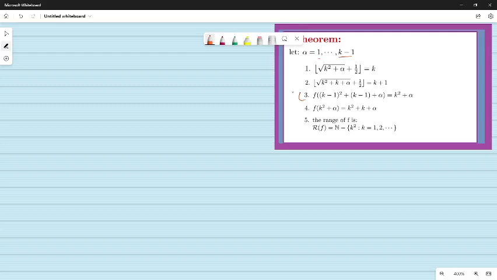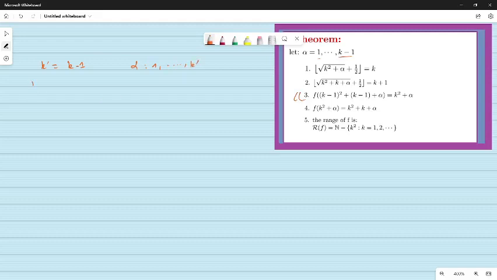For the third assertion here, just suppose k prime equals k minus 1. Then the alpha here goes from 1 to k prime.